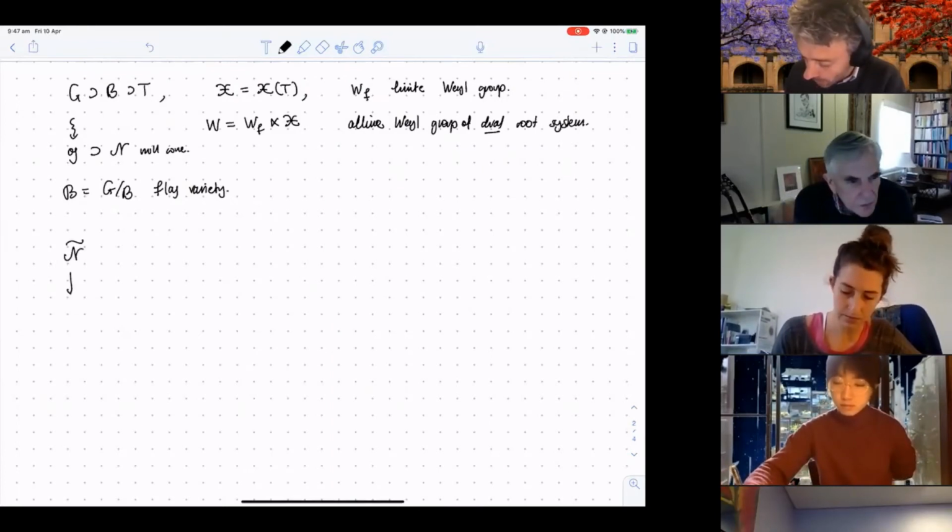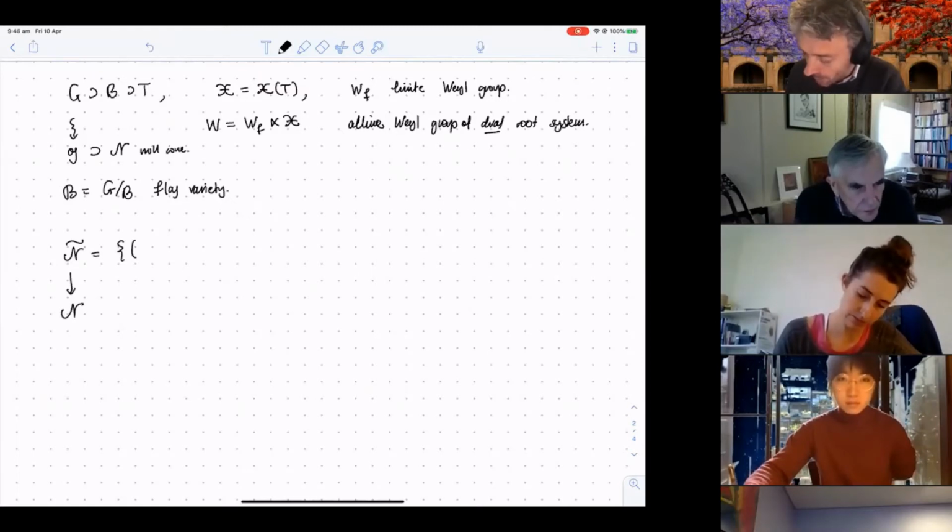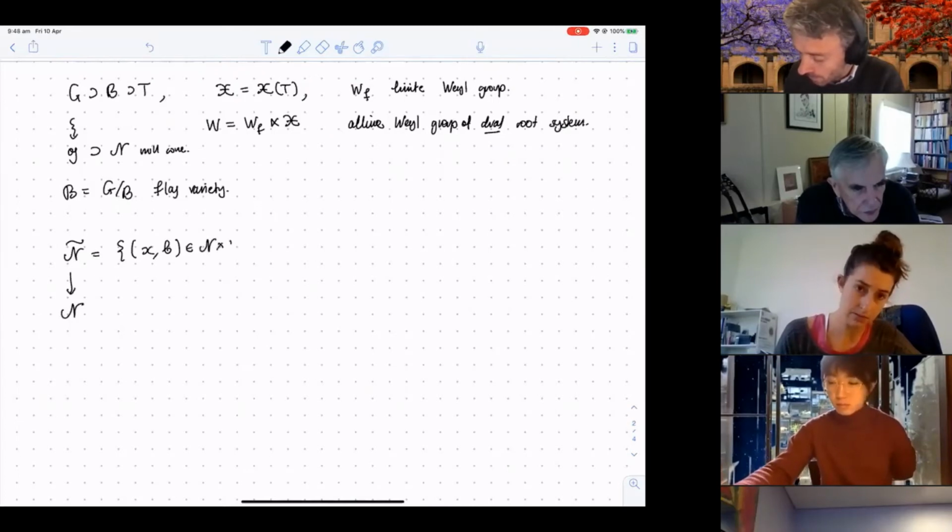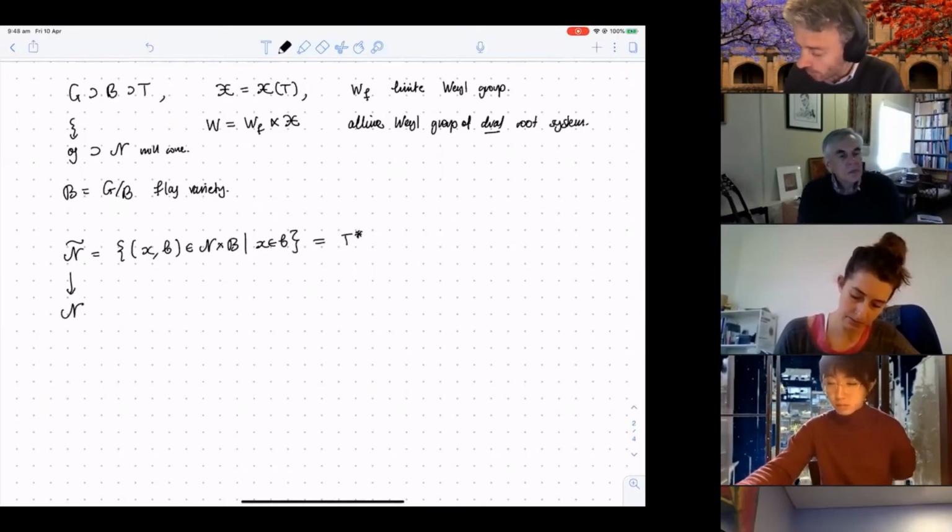the Springer resolution. So this is pairs X, B, where X is in b, and I've explained in previous lectures why this is canonically isomorphic to the cotangent bundle of the flag variety.